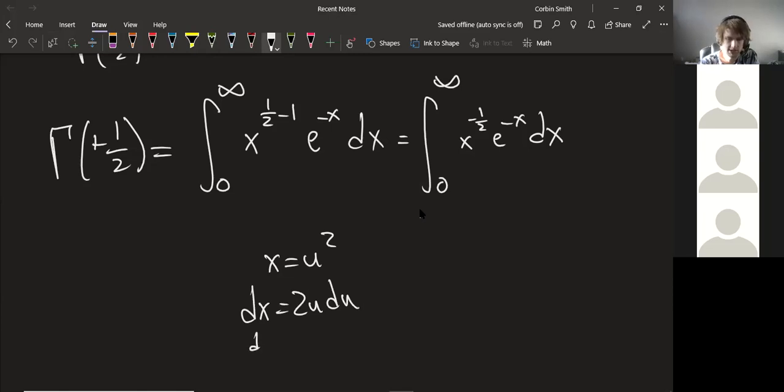Or we could say that dx over 2 is equal to u du. So let's rewrite this thing. Let me move this over here so I have more space.